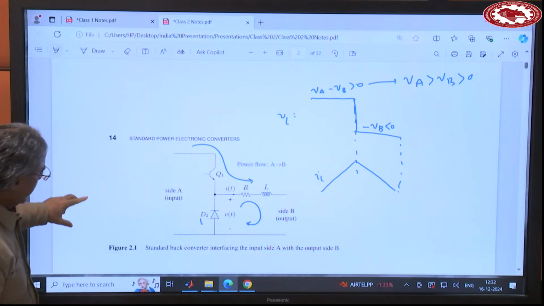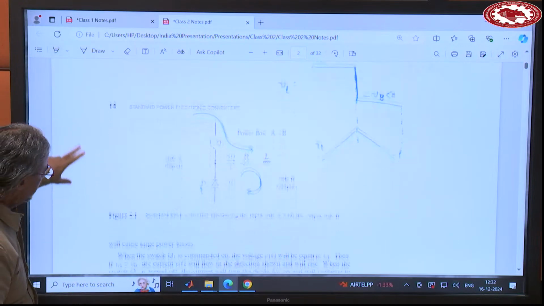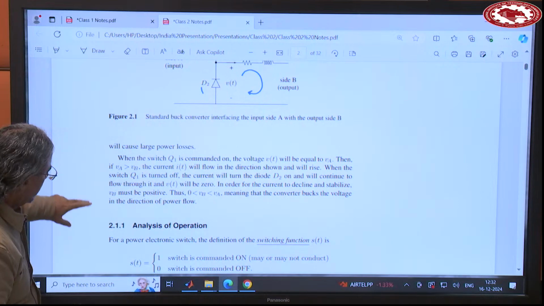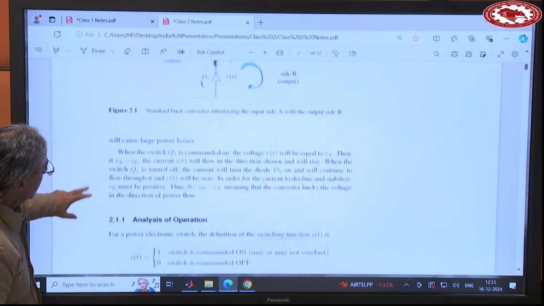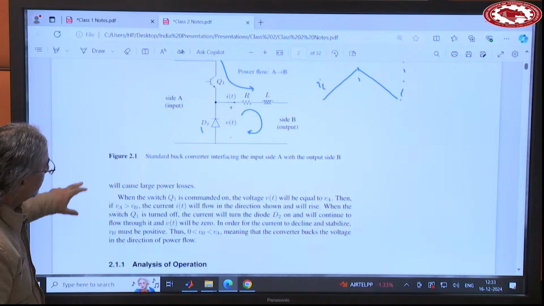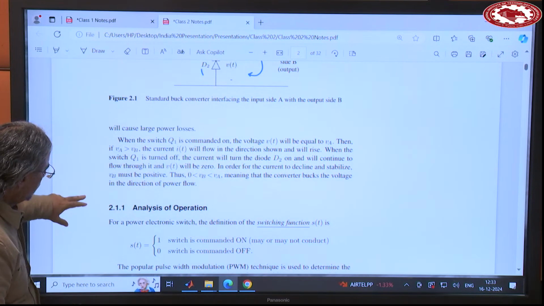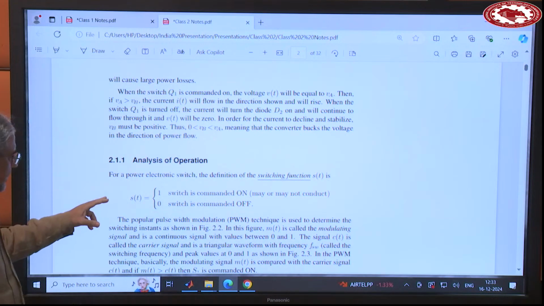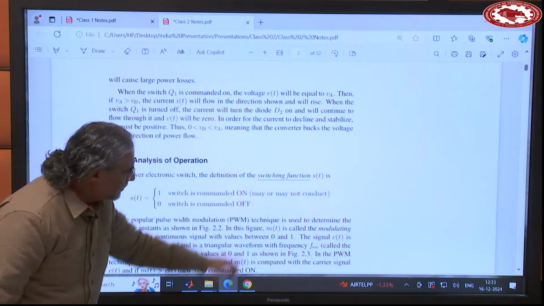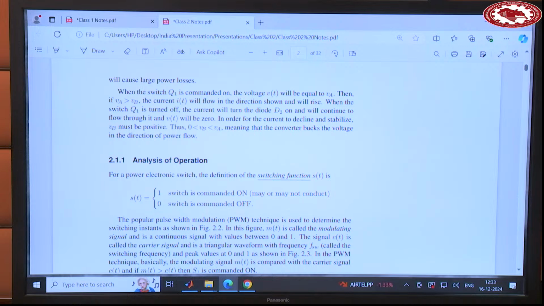So really I explained almost everything here, but if you go into details, first of all, in order to facilitate the control and modeling and analysis, we need to introduce the concept of switching function, a mathematical representation of how we turn the switch on and off.